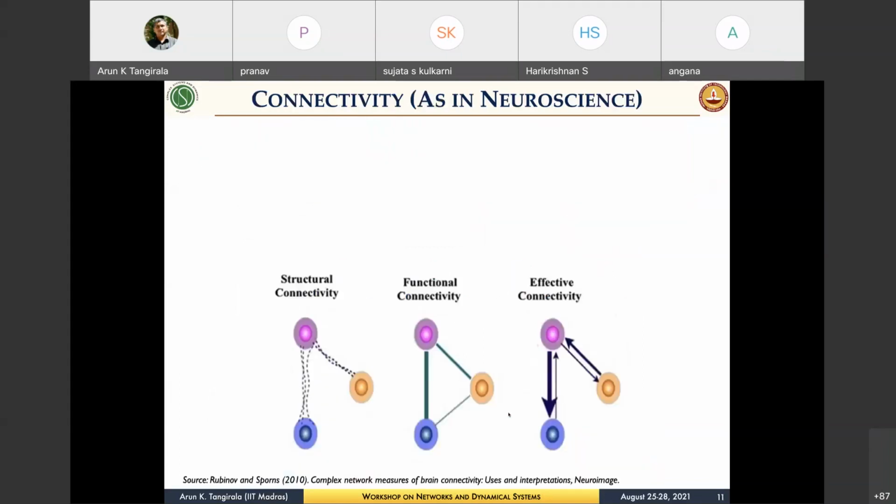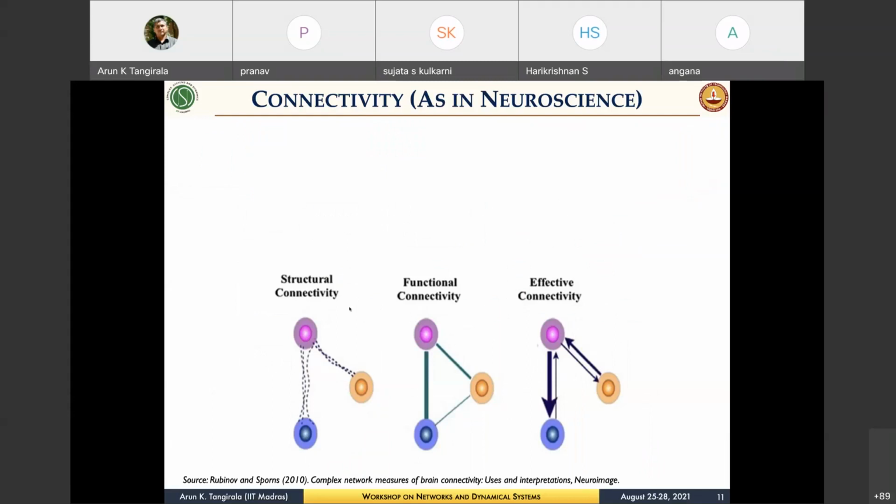Okay, so connectivity is the key in all of these 4 different forms of networks that I've shown you. And in neuroscience, there are 3 forms of connectivity that are very popular. One is called structural connectivity, which is based on the first principles understanding of the brain from the scientific, from the medical knowledge.